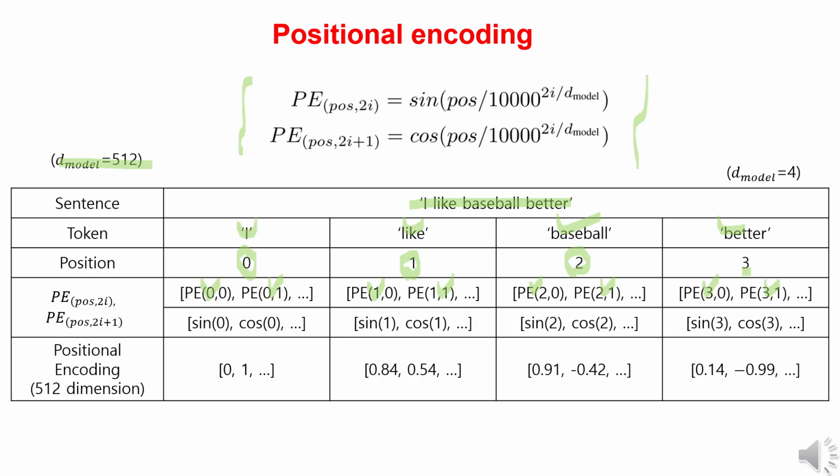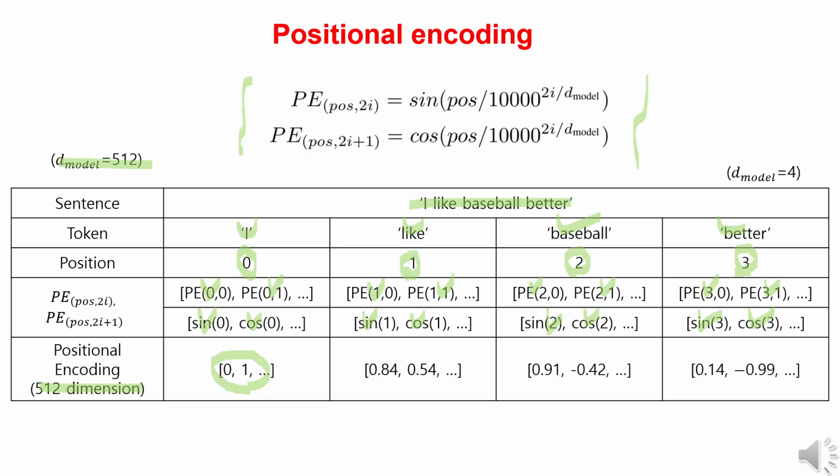In the table below, the position values are directly substituted into the sinusoidal positional encoding formula, with the sine function applied to dimension 0 and the cosine function applied to dimension 1. For example, the token "I" at position 0 has a 512-dimensional positional encoding vector, whose first 2 values start as 0, 1.